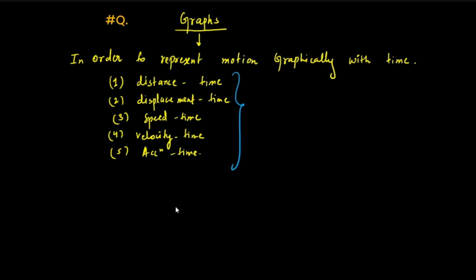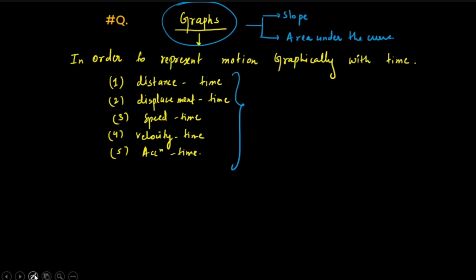Also, we need to understand that graphs are something through which we can calculate two things. The first can be slope, whereas the second can be area under the curve. So do you have any idea what these two things mean? Like what is slope? How can we calculate area? Anything? Well, slope is rise over run, or y2 minus y1 by x2 minus x1.